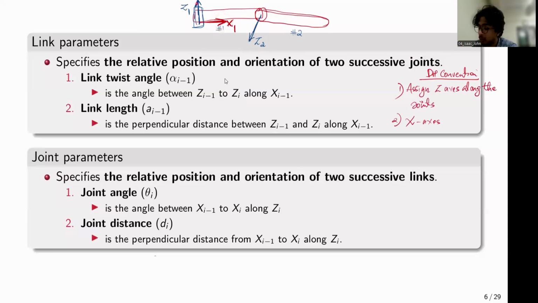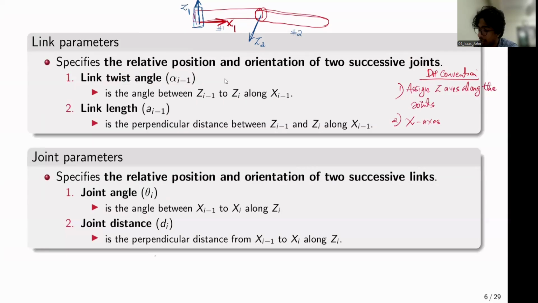But you can actually see that z1 and z2 are orthogonal. So if I rotate 90 degrees counterclockwise along x1, z1 and z2 will be aligned, right? So essentially, the link twist angle alpha i minus 1 is the angle between z i minus 1 and z i along x i minus 1. So in this case, the angle between z1 and z2 along x1. That is what the link twist angle basically conveys.